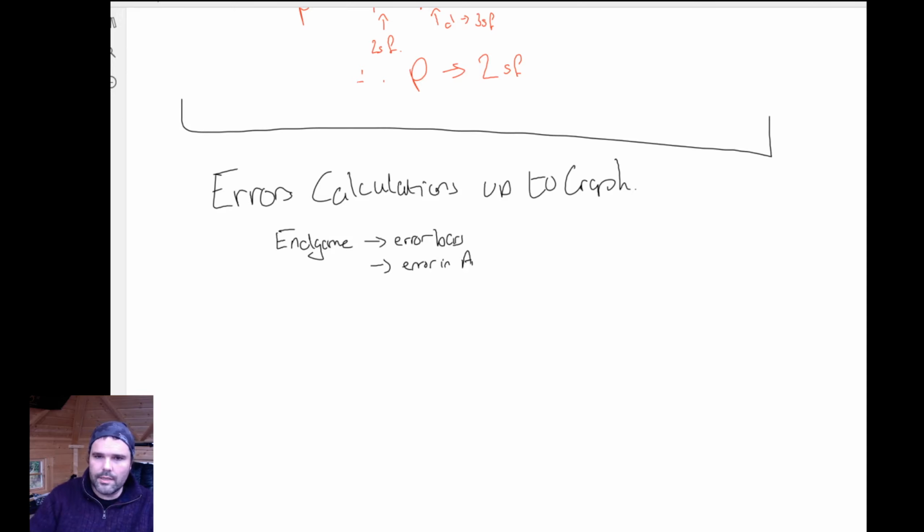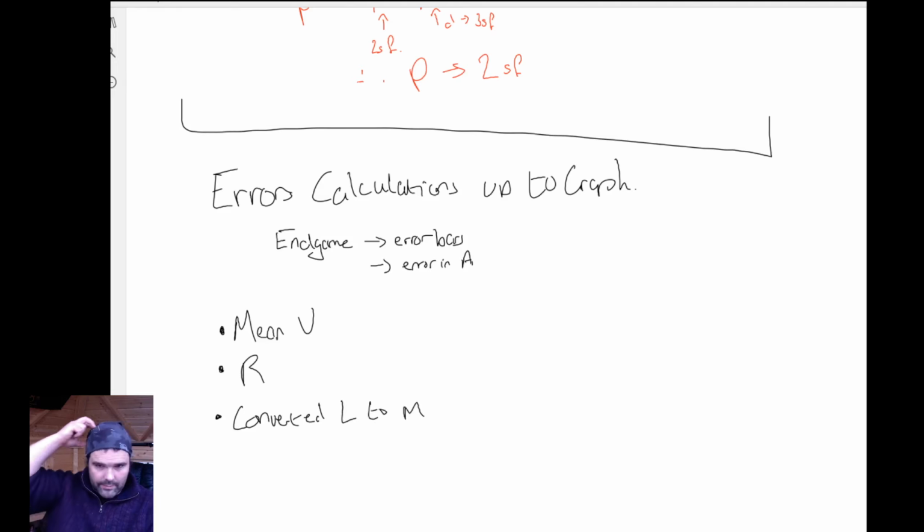So what calculations have we done? We've worked out mean V. Probably mean I as well, except that most of you probably have only done repeat readings of V. Mean V, you've worked out resistance. Essentially you've converted length to meters.